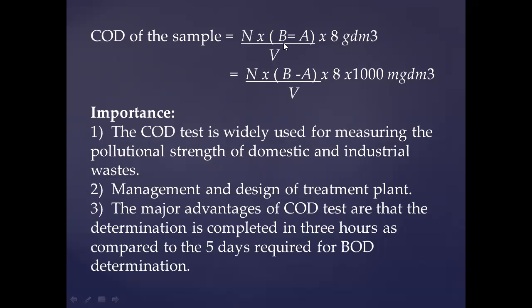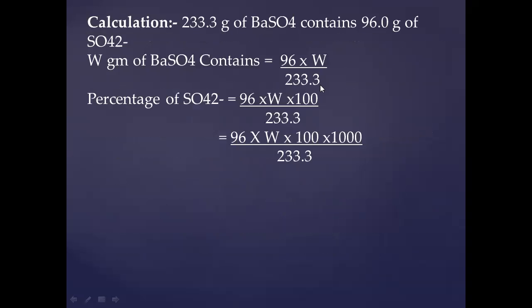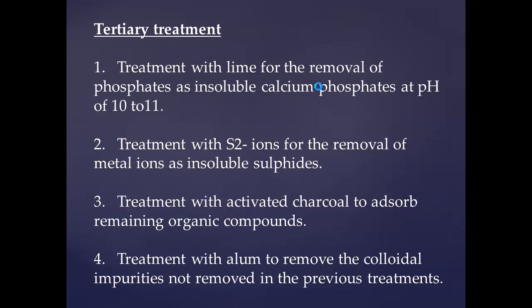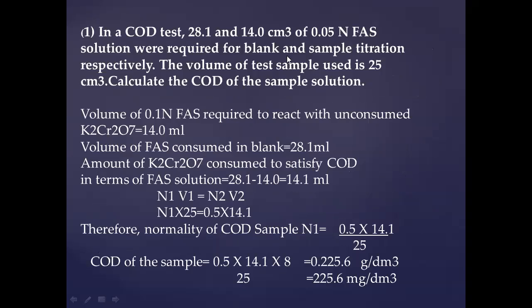So now I'm going to show you how to solve the problems using this one. I've taken about 2 to 3 examples, and based on that, I'm going to solve this.